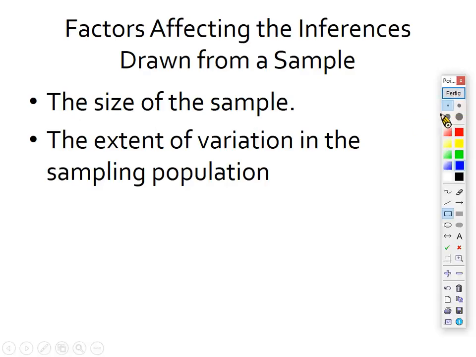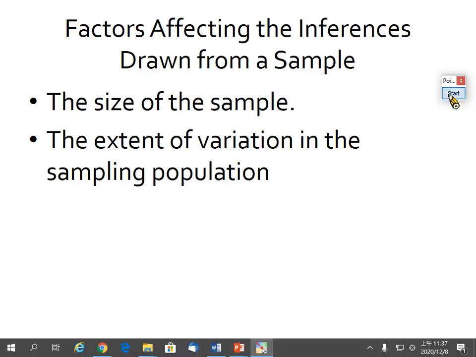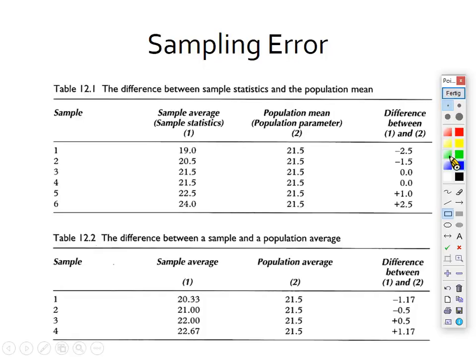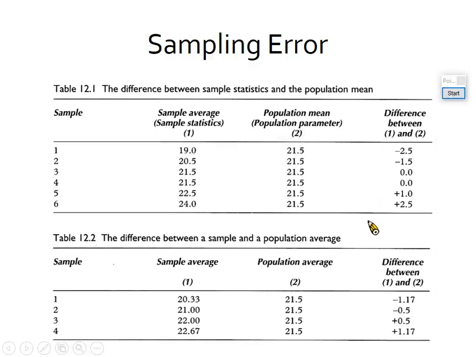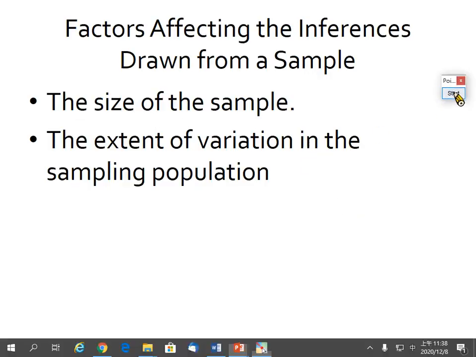And there are some factors that can affect the inferences we draw from the sample. Here, look at here. Normally we collect data from here. This is the data we collect, so we have an average we identify from the data, right? So we use this to estimate this. Estimate. So what other factors can influence this kind of precision estimation? How precise we are?